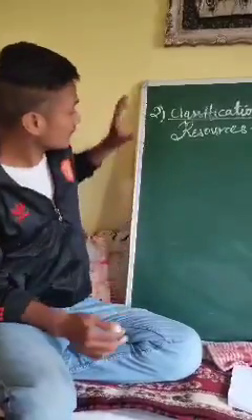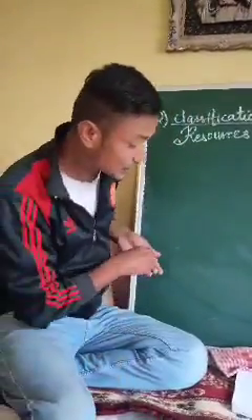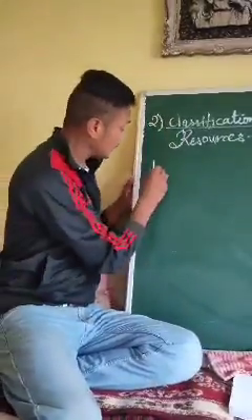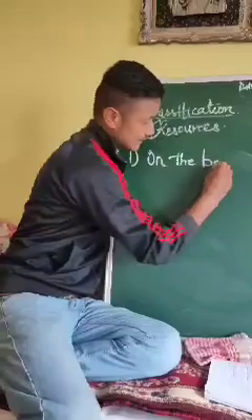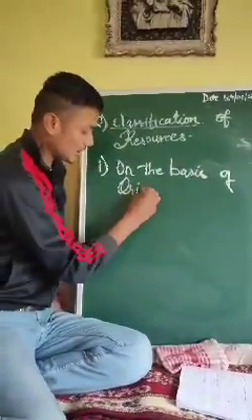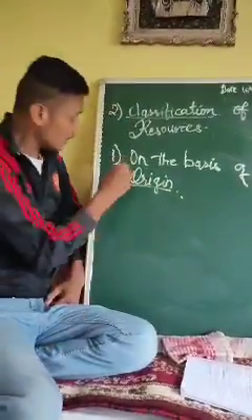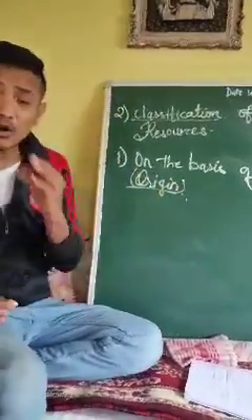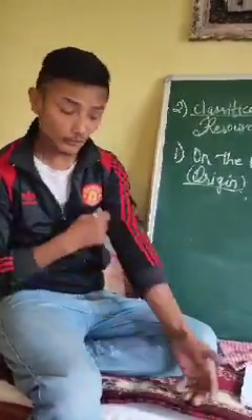I'm going to explain the classification of resources. Number one, on the basis of origin. The word origin means from where it starts. Understood? From where does it start?